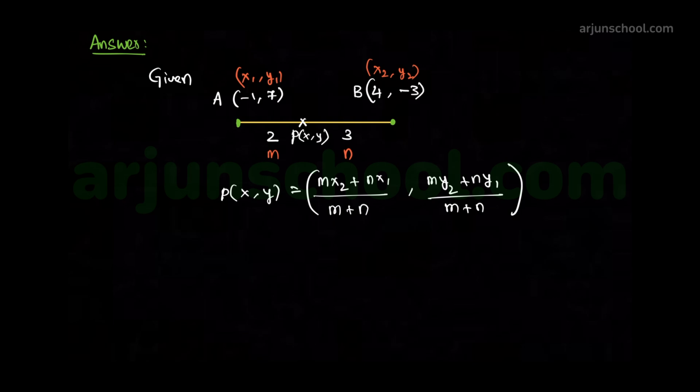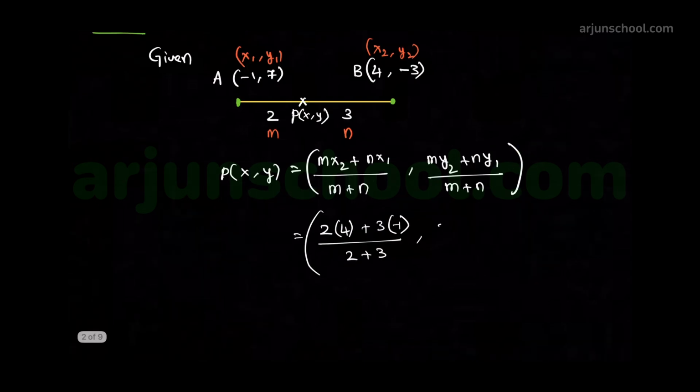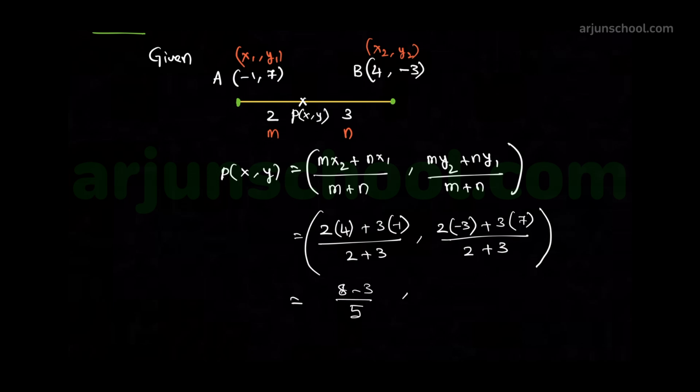Let us substitute these values in P(x, y), which is equal to ((2 times 4 plus 3 times -1) divided by (2 plus 3), (2 times -3 plus 3 times 7) divided by (2 plus 3)), that is equal to (8 minus 3) divided by (2 plus 3, which is 5).